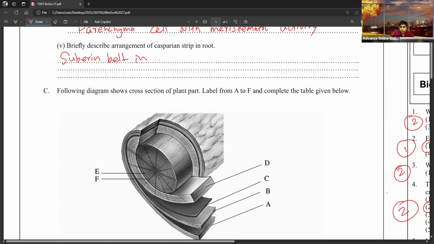Suberin belt in endodermal cells that blocks the passing of water through the apoplast from the cortical apoplast to the apoplast of the pericycle.